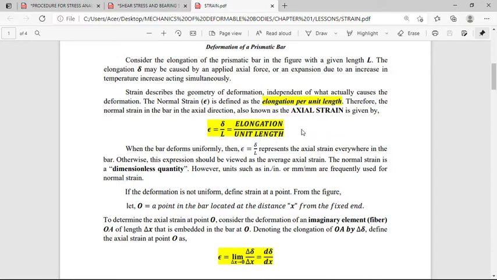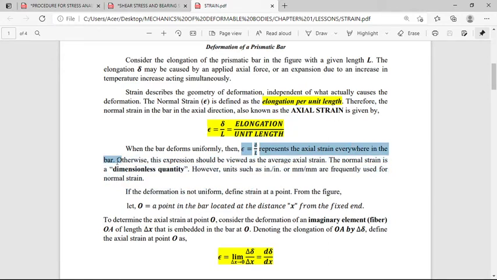The formula is highlighted for you to know, na dapat niyo siyang i-take note. Elongation over unit length. So when the bar deforms uniformly, then strain is equal to elongation over unit L. This represents the axial strain everywhere in the bar.